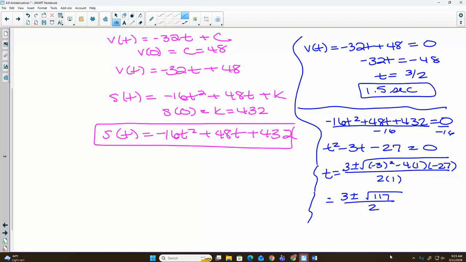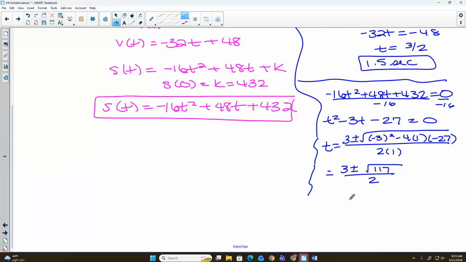Let's go ahead and just get a decimal approximation, because if we're giving time, we would probably want a decimal anyway. So if I do 3 plus the square root of 117 divided by 2, I get 6.91. If I do 3 minus, I get negative 3.91.